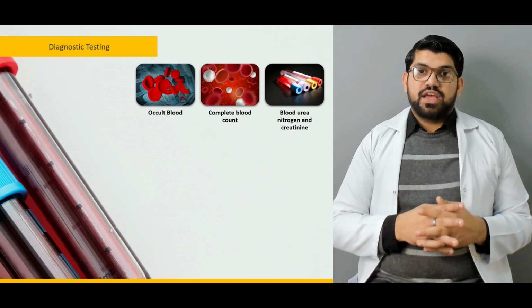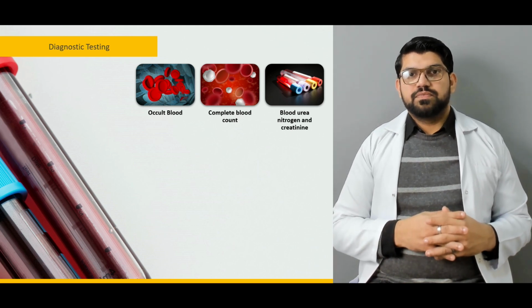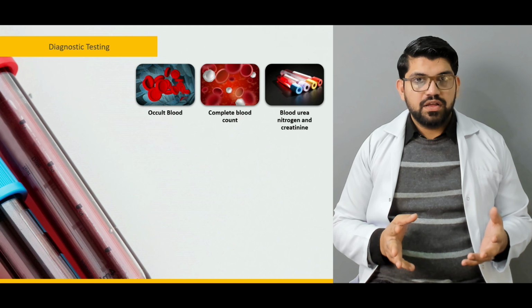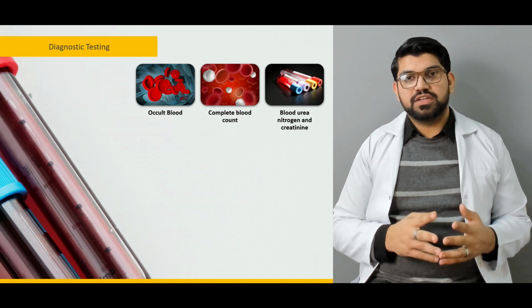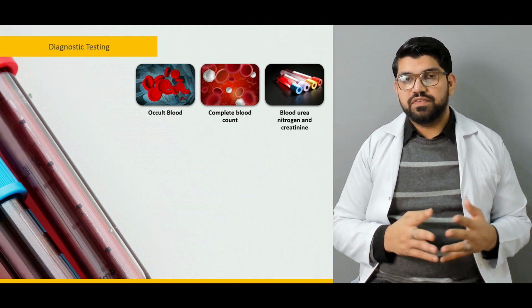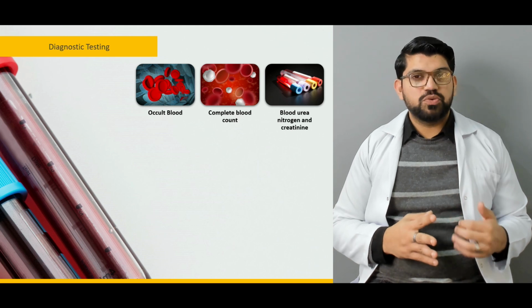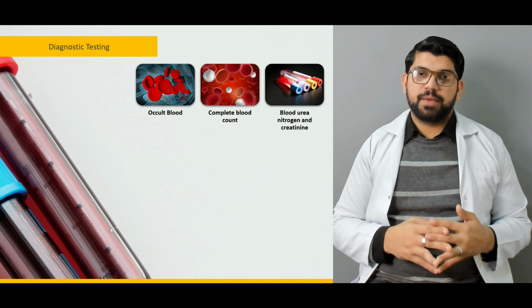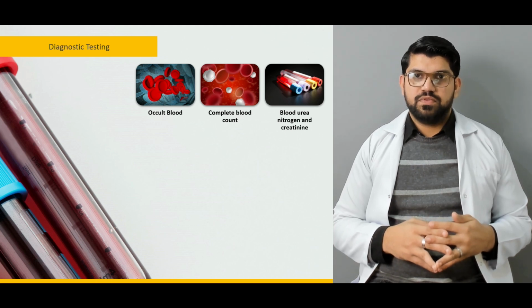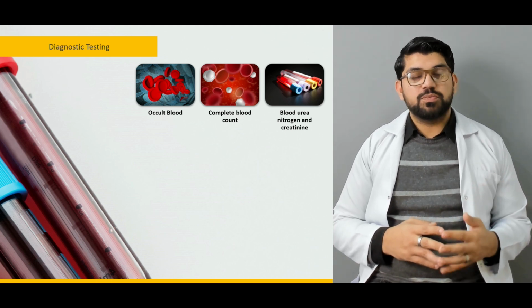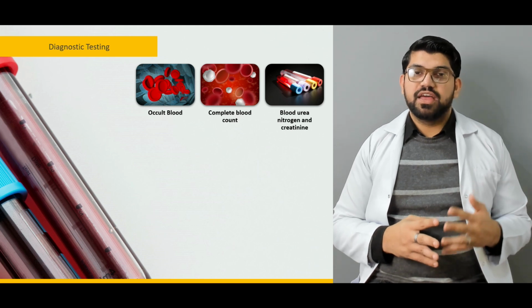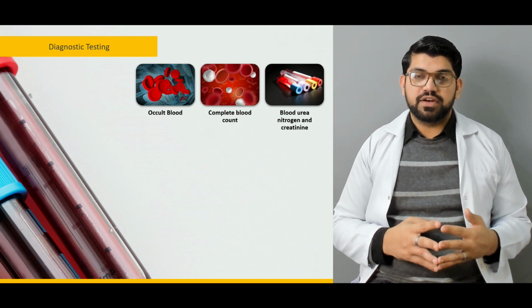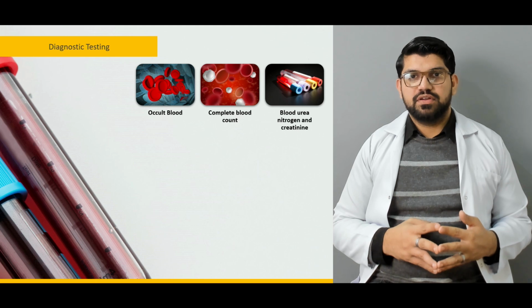Blood urea nitrogen and creatinine levels. Why is this important? There are two things to be considered while taking into consideration renal function tests. A patient with increased creatinine and blood urea nitrogen, think of organ hypoperfusion. And a patient with shock should have a urinary catheter to monitor the urinary output.